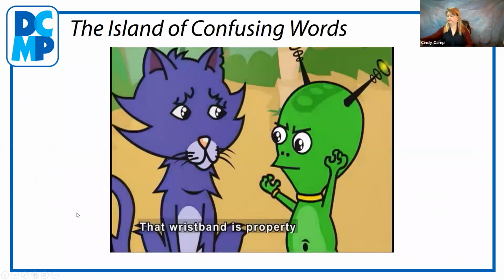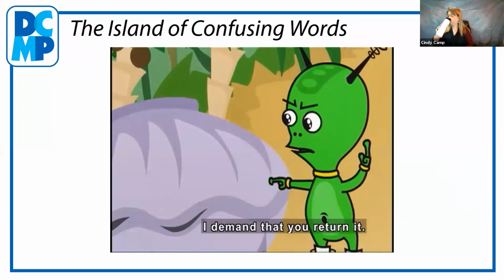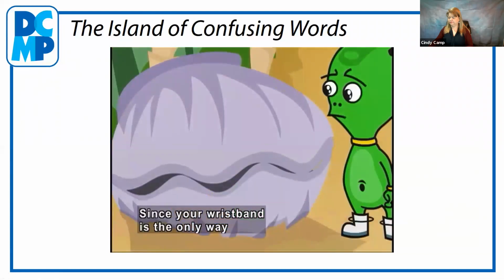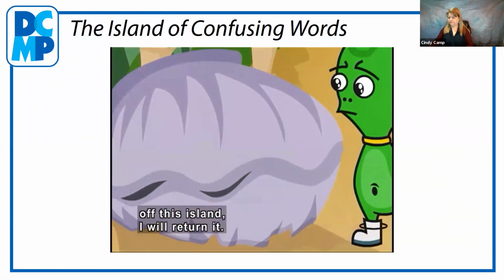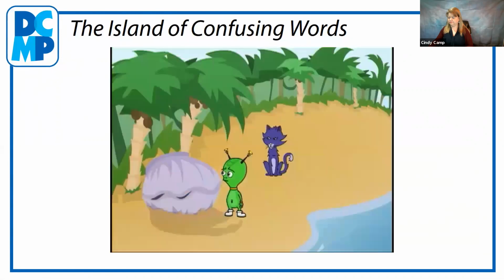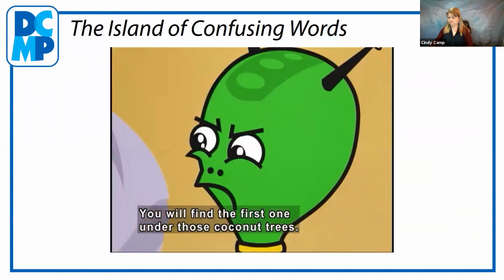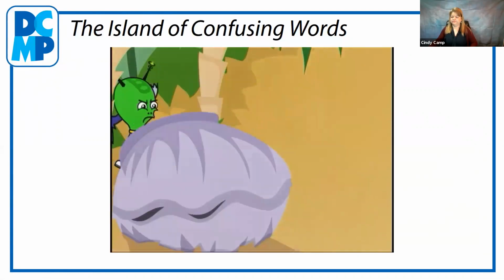That wristband is property of the Xylarian Grammar Administration. I demand that you return it. No. Please? Since your wristband is the only way off this deserted island, I will return it. But only after you have correctly answered all of my puzzles. You will find the first one under those coconut trees. A hand from inside points. Xylo and Cause walk in that direction. Then the clam opens, revealing Veda and Bitron.